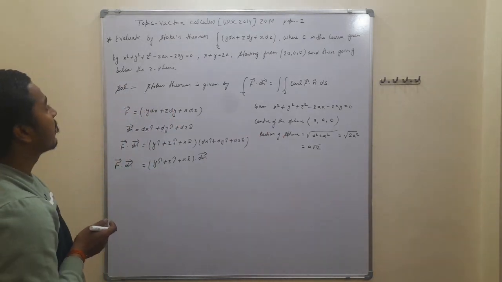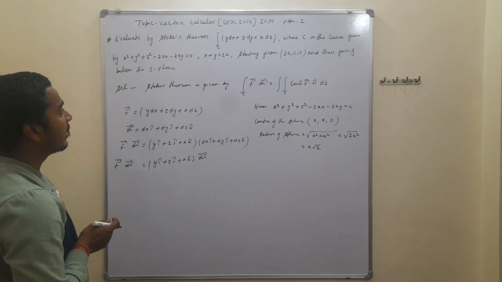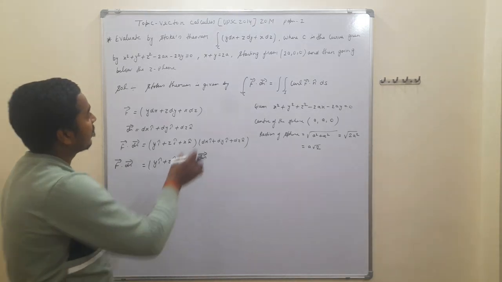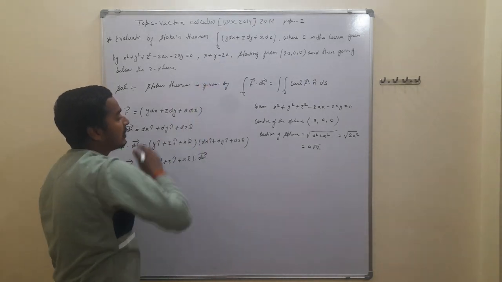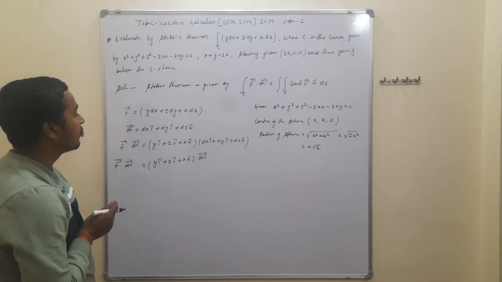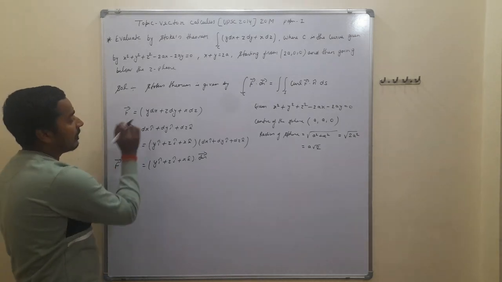Further, the question says that x + y = 2a is the plane. First we have to find the curl of f.